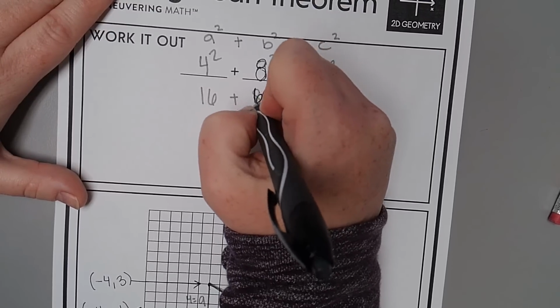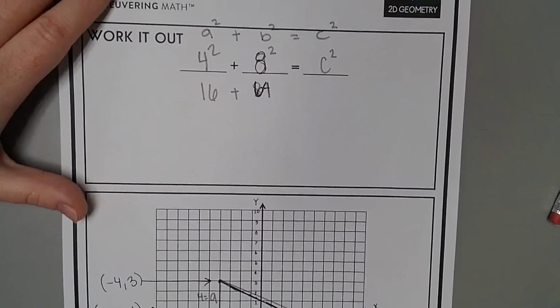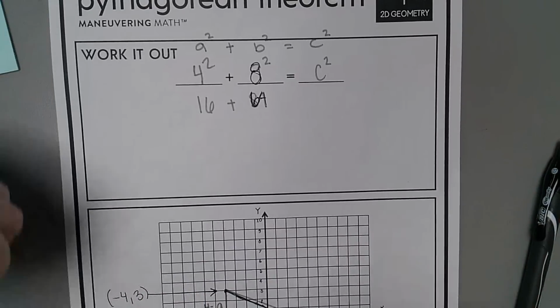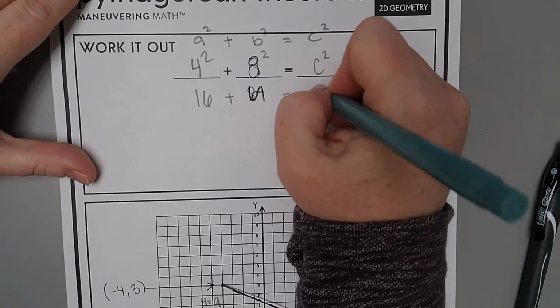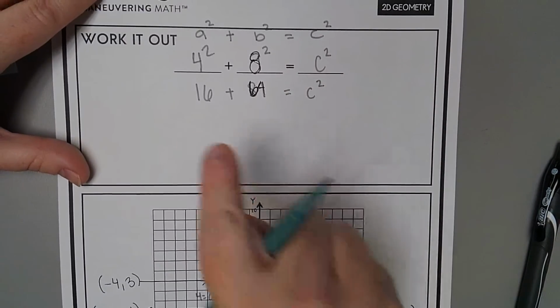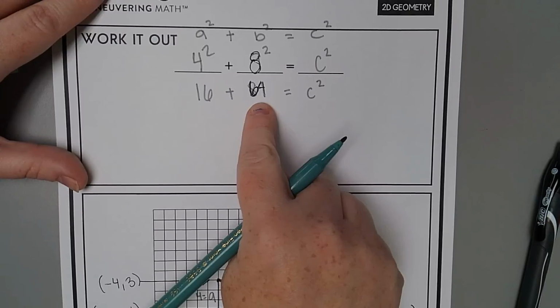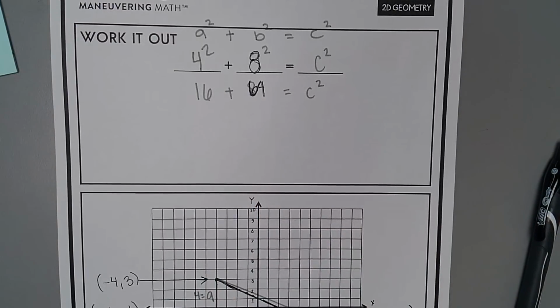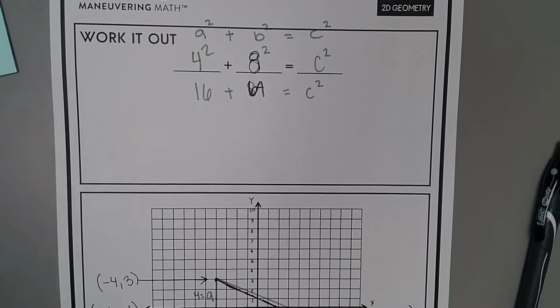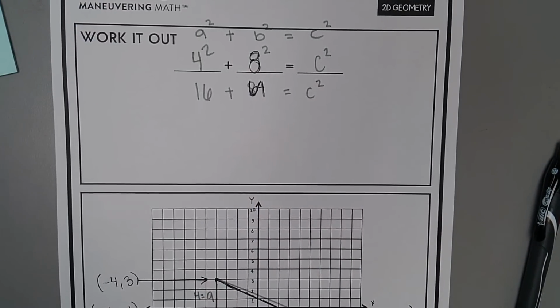It's going to give us a little bit of a nicer number. Sorry for the scribbling. You'll survive, though. Still equal to C squared. 16 plus 64. Oh my goodness, guys. That doesn't give you a happier number. Man. It's okay. We're just going to work with this.